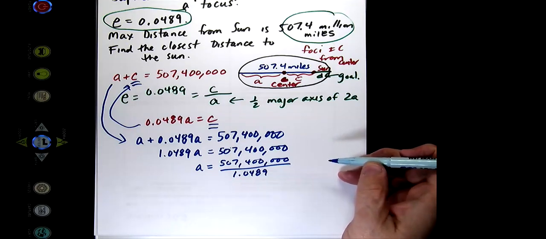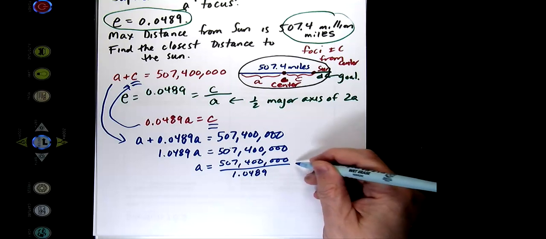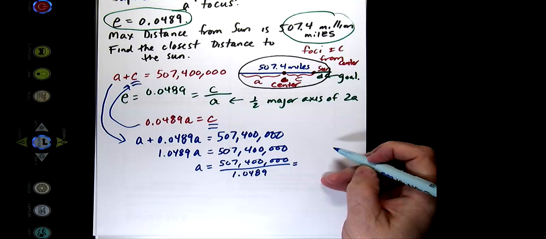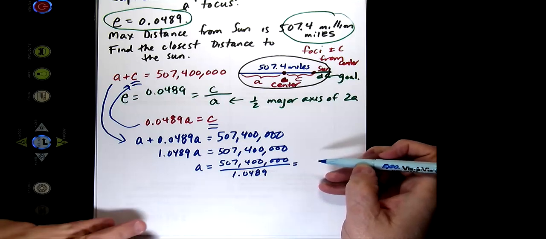What is that? We'll round off the last 5 to zeros.